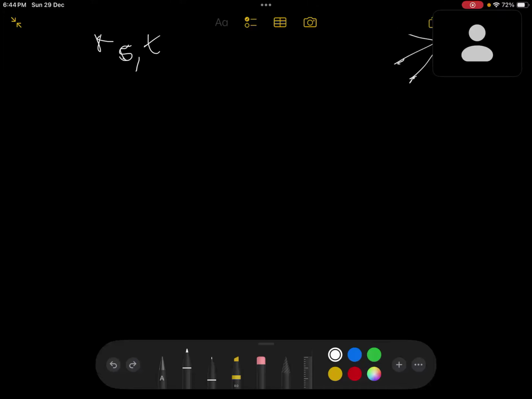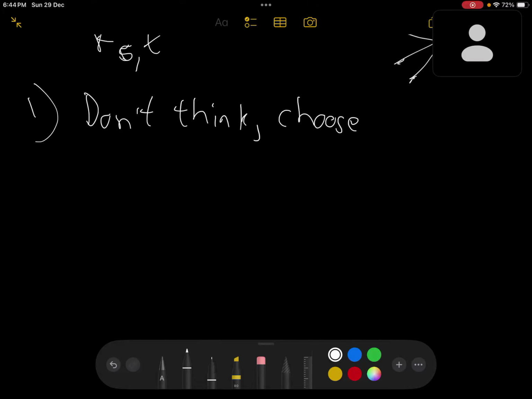Okay, so this will be our end goal, but before that, I'll build up the required tools to get there. First, there are, I would say, two principles. The first principle is: don't think, choose randomly. This is due to Erdős.